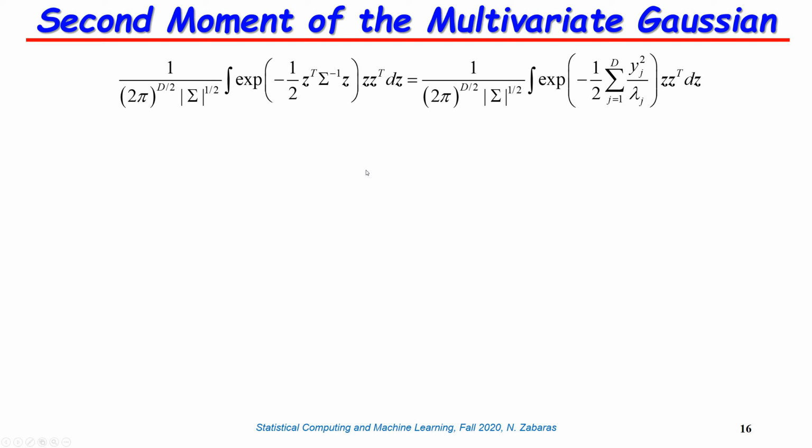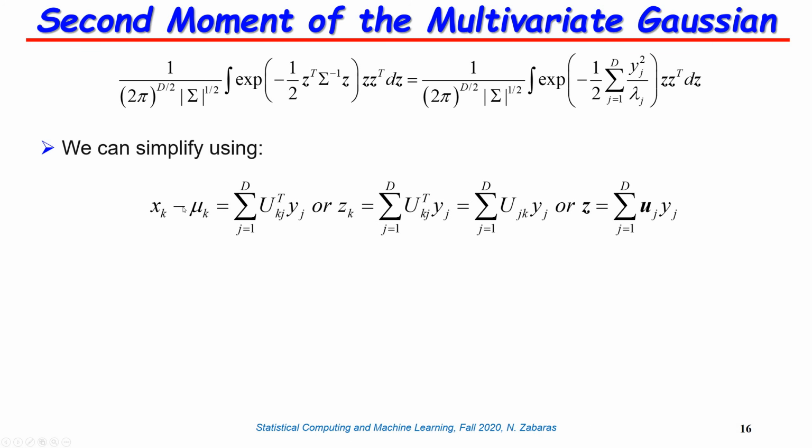Let's see what we're going to do. We're going to simplify this equation, and I remind you of this formula we got for the relation of x with the y's. You remember I call x minus mu, z, so this equation becomes zk times the kj element of U transpose times yj.